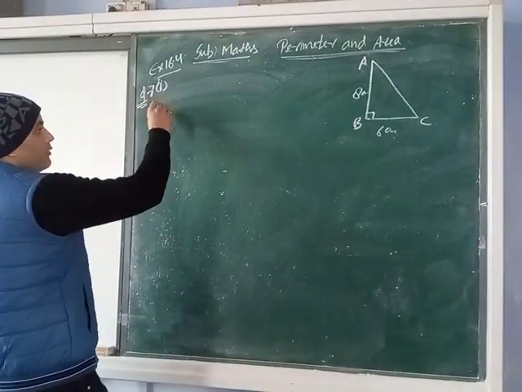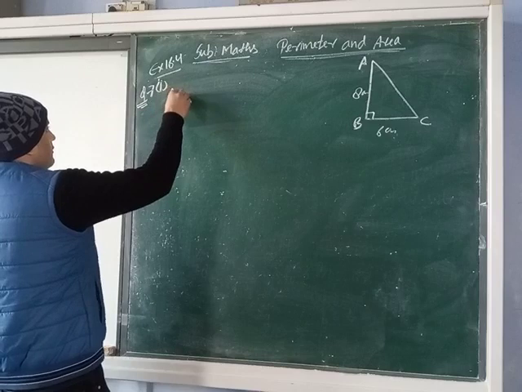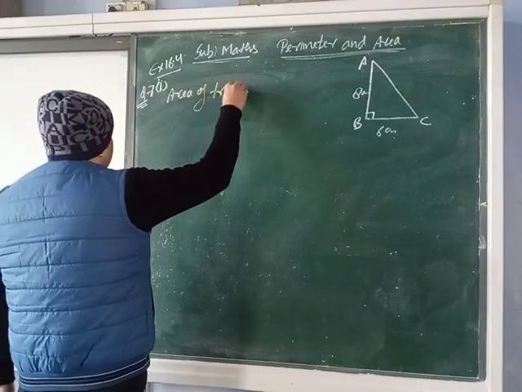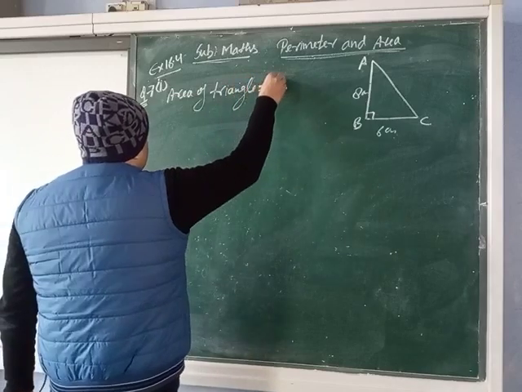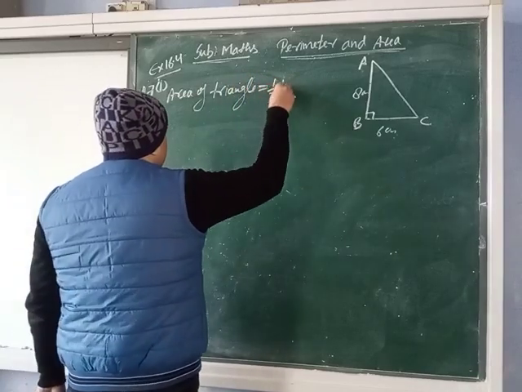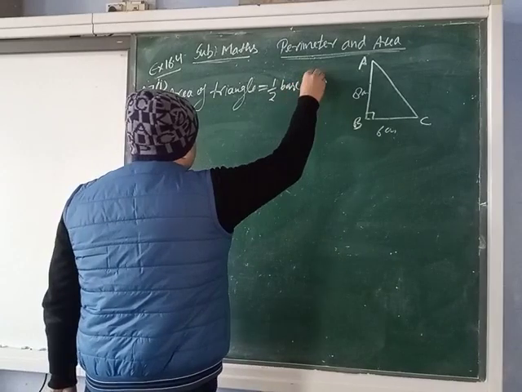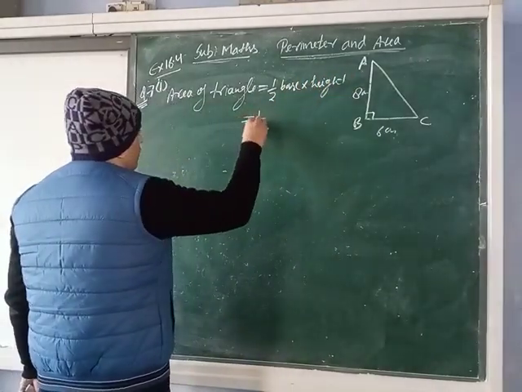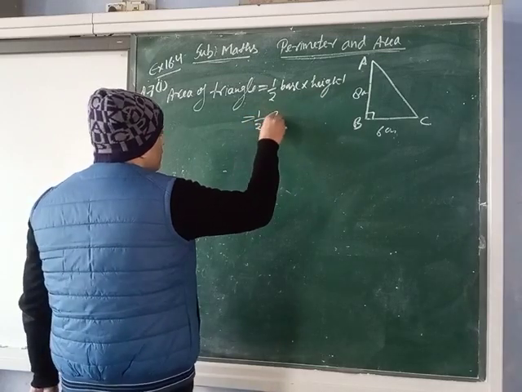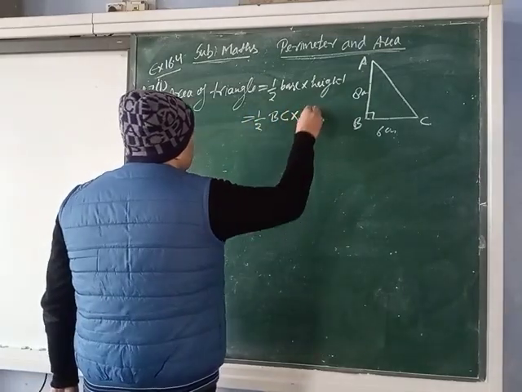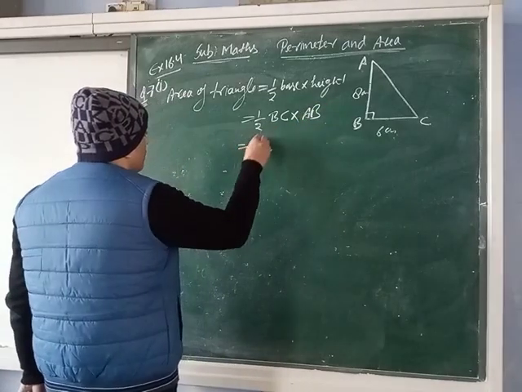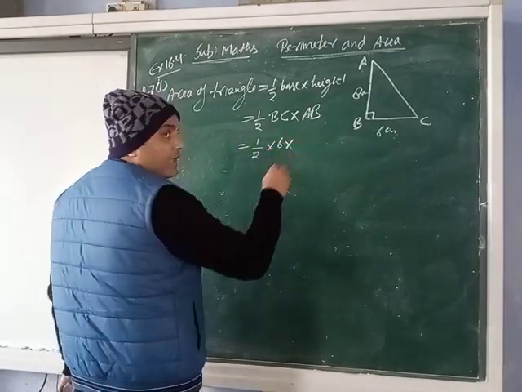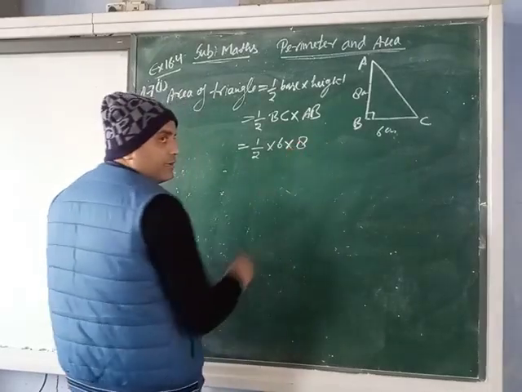So the area of a triangle is 1 by 2 base into height. 1 by 2, base is BC and height is AB. 1 by 2, BC is 6 and AB is 8 centimeter.